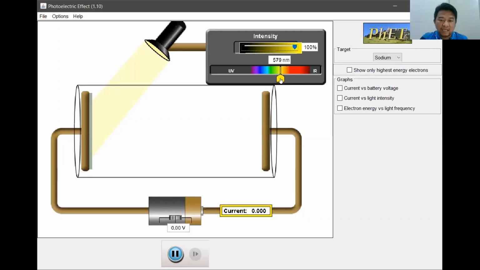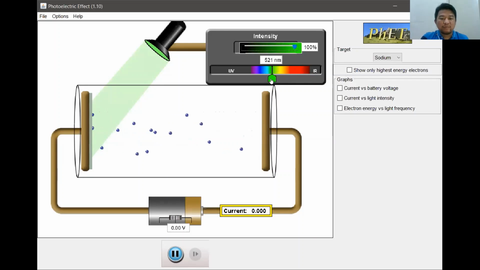Let's now check at which wavelength photoelectrons will be ejected. So it is at about 500 nanometers, 500 plus, 520 nanometers that you get to see photoelectrons are ejected.